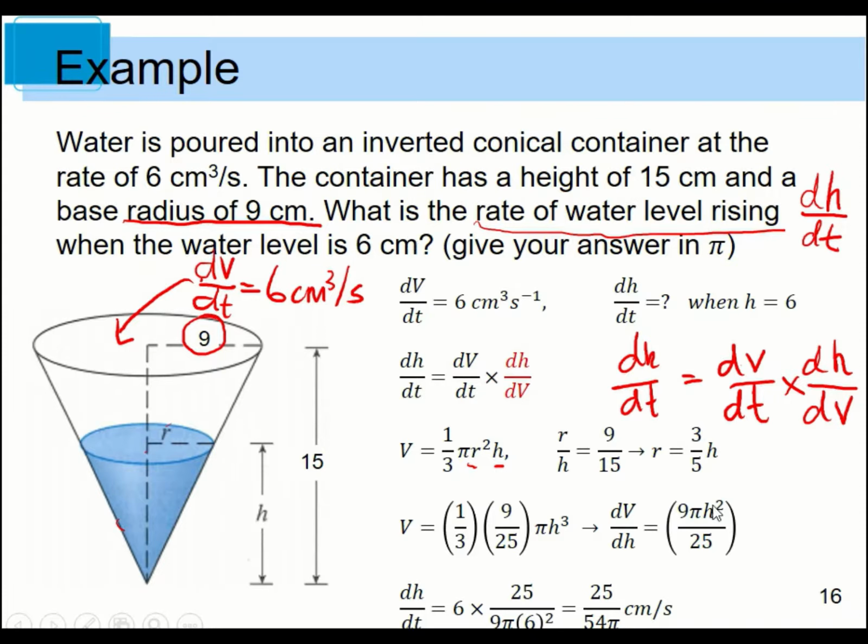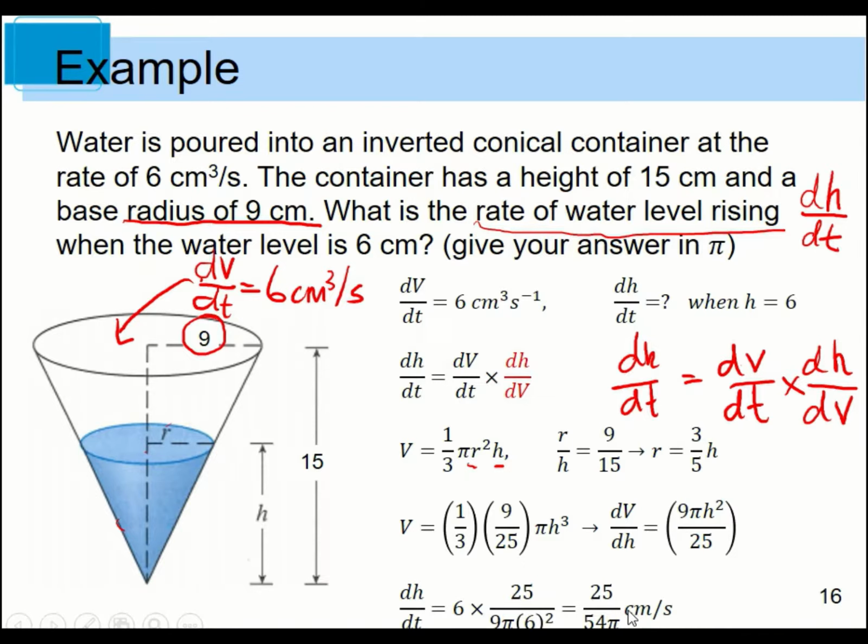Substitute 6 cm here and solve it, and we have this rate. The height of the water level is increasing at the rate of 25 over 54π cm per second.